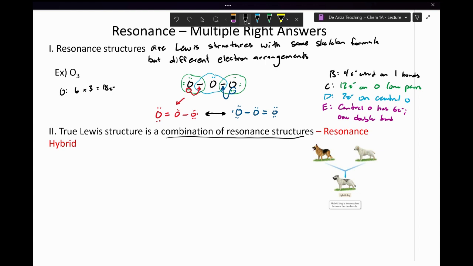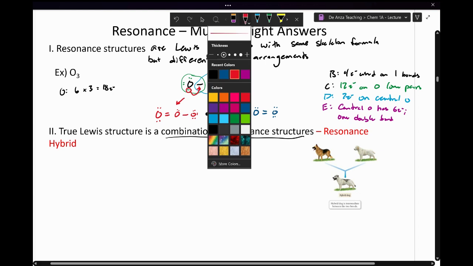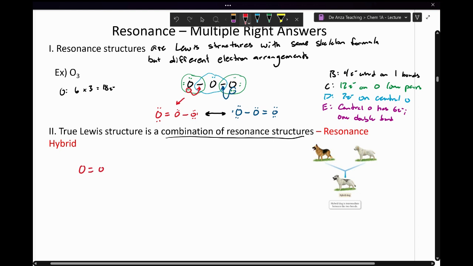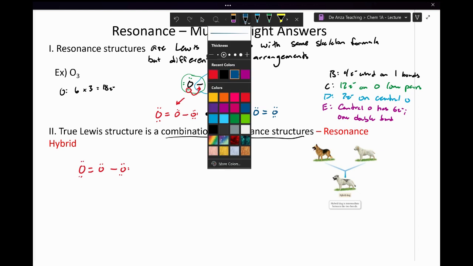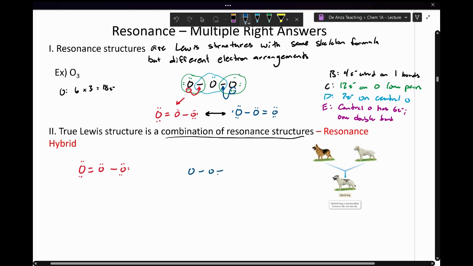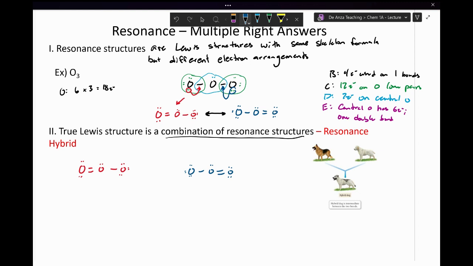And so what that means is that we take each of our structures above. I'm not going to draw in the lone pairs. Yeah, I'll do it. So we take our structure where we have double bonding with the oxygen on the left. We take our structure where we have double bonding with the oxygen on the right. And we're just going to bring those two together.